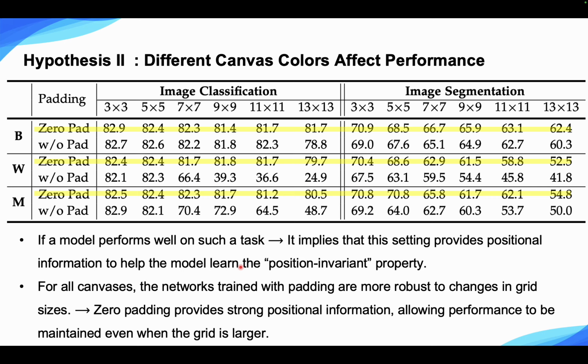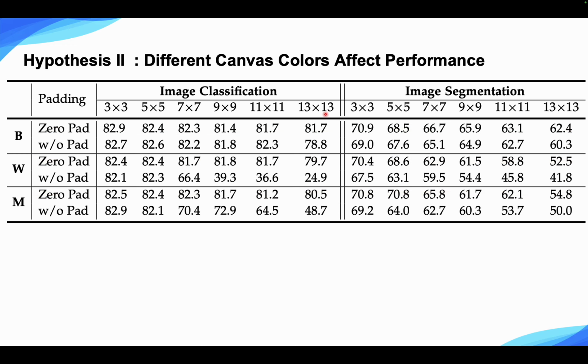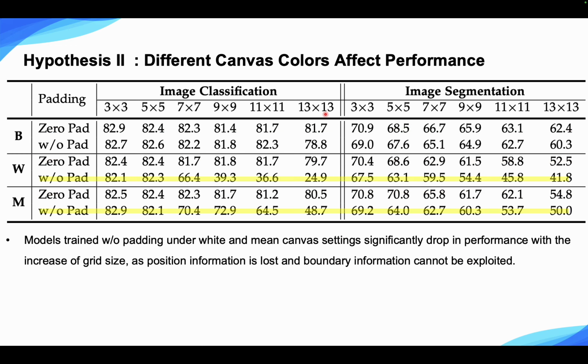And it implies that zero padding can provide strong positional information, allowing the performance to be maintained even when the grid is larger. And the model trained without padding under white and mean canvas settings significantly drops in performance with the increase of grid size, as the position information is lost and boundary information cannot be exploited.